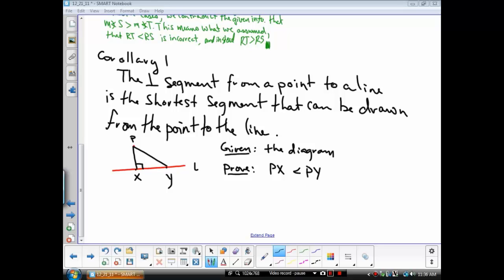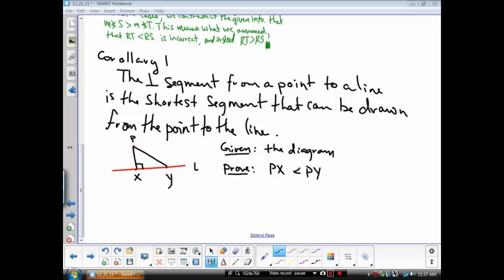Now we're using Theorem 6.3, which says if one angle of a triangle is larger than another angle, then the side that's opposite the larger angle has to be longer. In this triangle here, PXY, what is the largest angle? This measure of angle X, right? It has to be 90, and the others have to be acute, or less than 90, because there can be at most one right angle in a triangle.